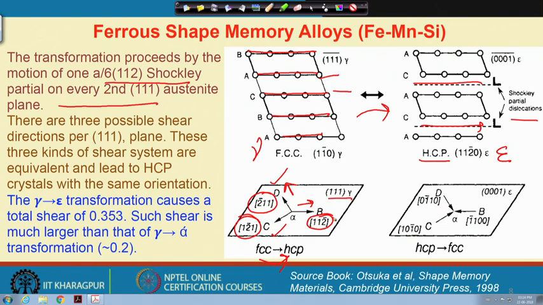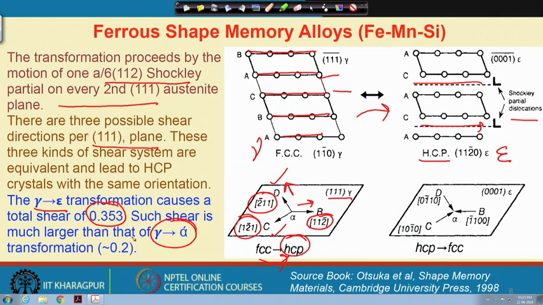However, these 3 possible shear directions on the 111 plane are equivalent shear systems that lead to the formation of this HCP phase. However, this austenite to martensite transformation causes a total shear of 0.35. This is quite a large strain actually, and much higher than, let us say, the iron carbon system.